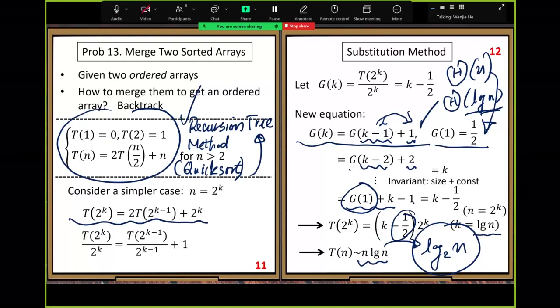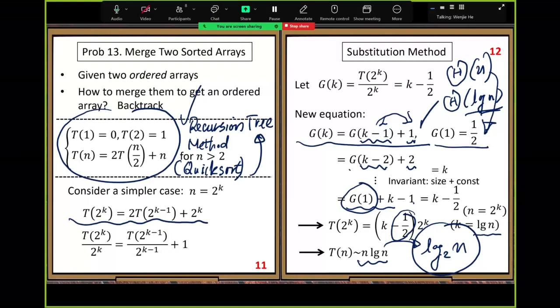So why not just combine the two? I only do it once, to save some time. So let's delay this recursion tree method to our Wednesday lecture.